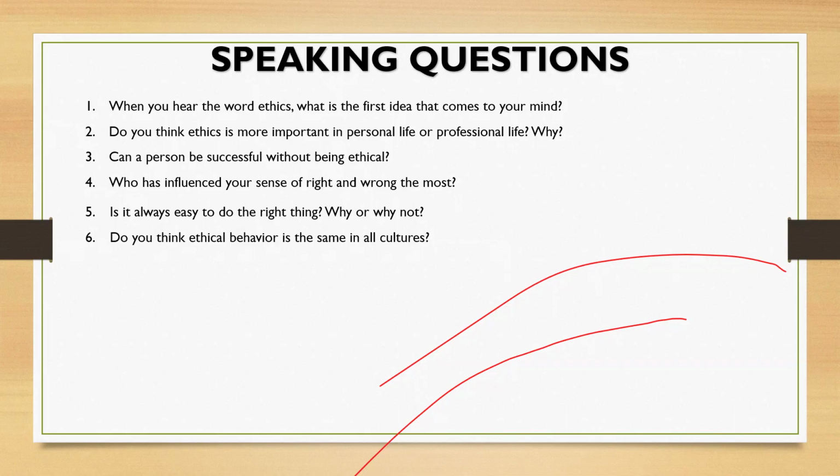For example, in the USA you might see some states where people might be fraudulent in some areas. So I don't think it's the same, because ethical behavior includes compassion, honesty, and loyalty, and those are values that we are losing nowadays. Yeah, thank you.